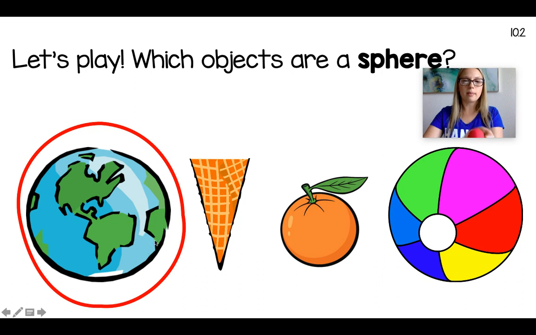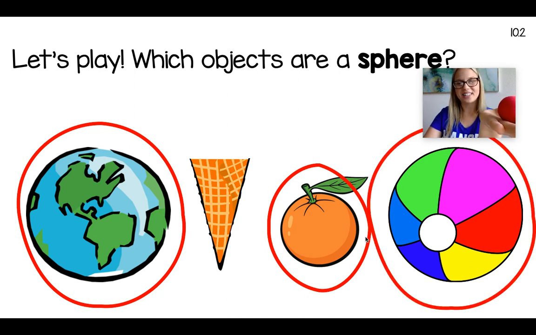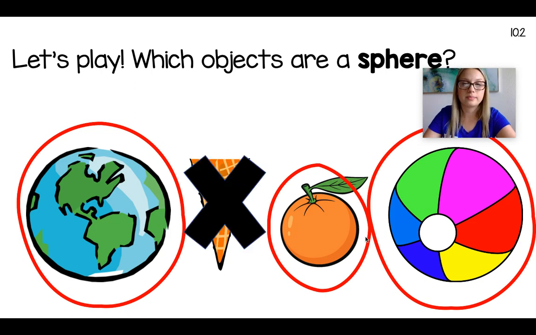This one kind of looks like a ball. This one does not. What about an orange? Does an orange look like a sphere? Yes, it is because it's curved and round and it looks like a ball. What about the beach ball? Yeah, that one was easy. But the cone, let's take a look at the cone. The cone was not because it was pointy and had flat sides, so it didn't work.